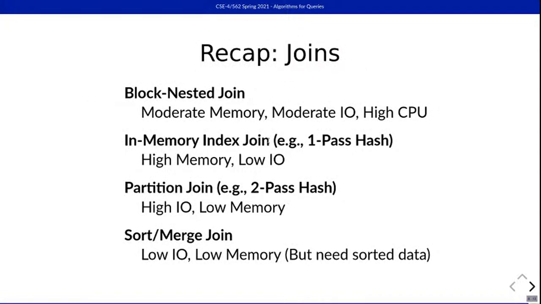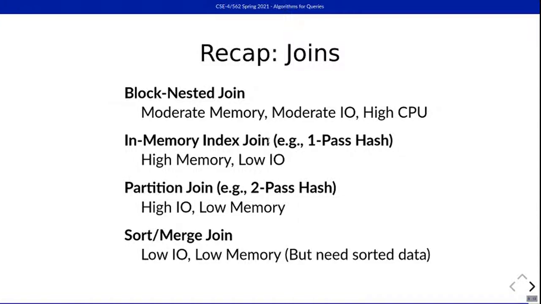So to recap, we talked about a couple of different join algorithms. We talked about block-nested loop join. We talked about the in-memory index join, specifically the one-pass hash join. We talked about partition-based join algorithms, the two-pass hash join. And we talked about the sort merge join.